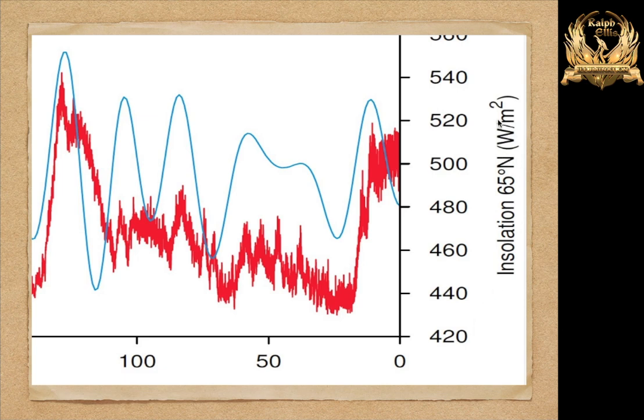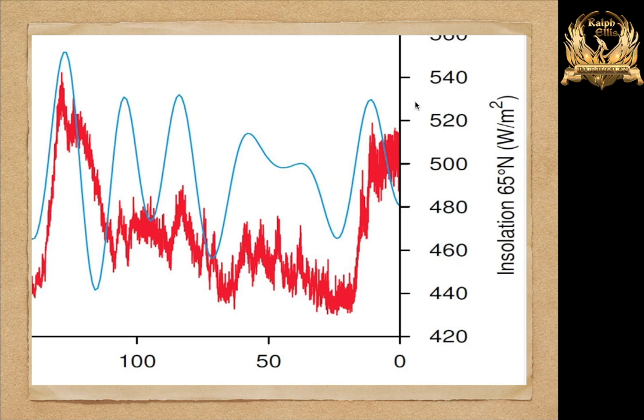and it goes all the way from 420 watts per square meter up to 540 watts per square meter. So there is a great change here in the strength of the sun, going all the way from, well, say from here at 460 up to 530. Changing by 70 watts per square meter.